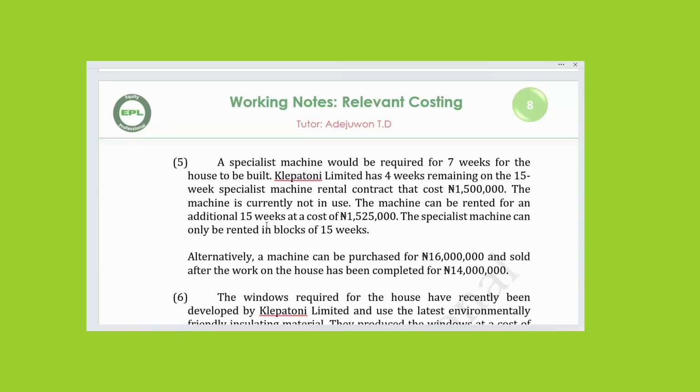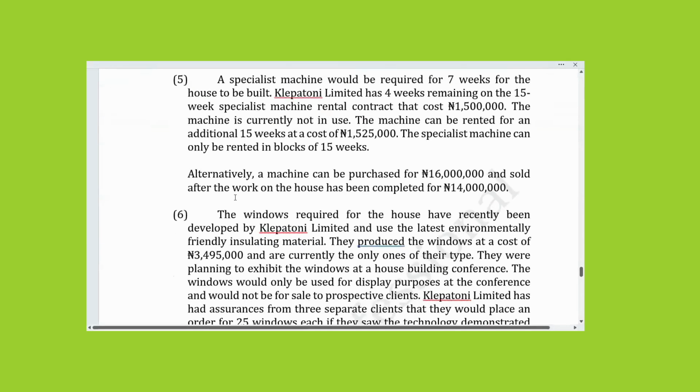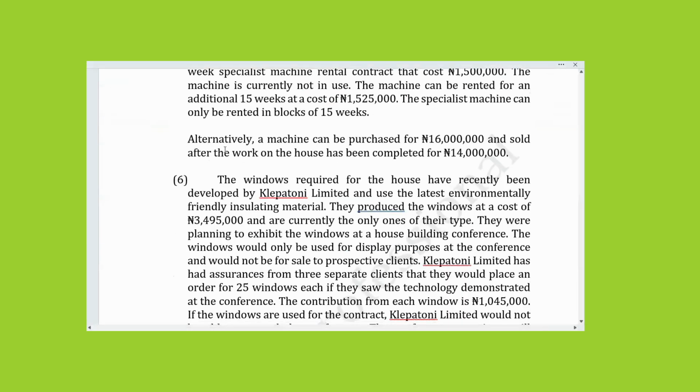The specialist machine can only be rented in blocks of 15 weeks. Alternatively, a machine can be purchased for 16 million and sold after the work on the house has been completed for 14 million.